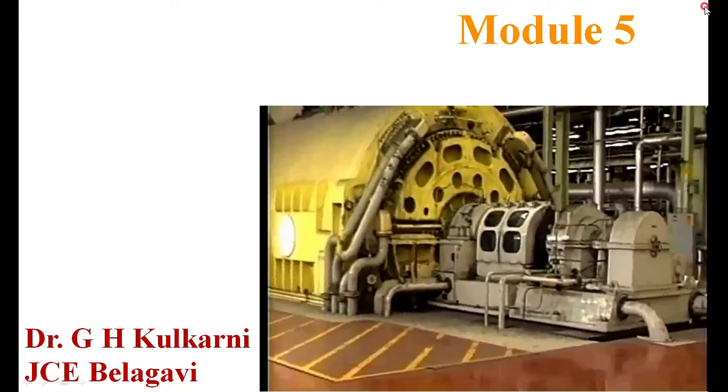In this session, we'll see how to determine the value of xd and xq using a slip test. We know that in the case of the salient pole type of machine, the air gap is not uniform.